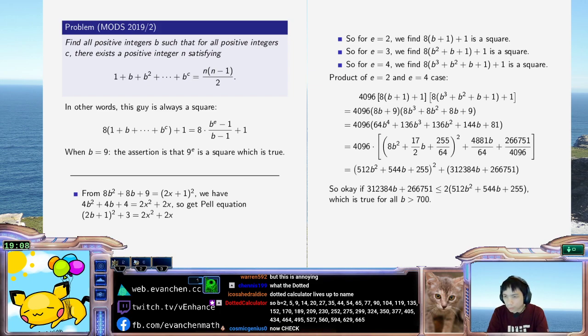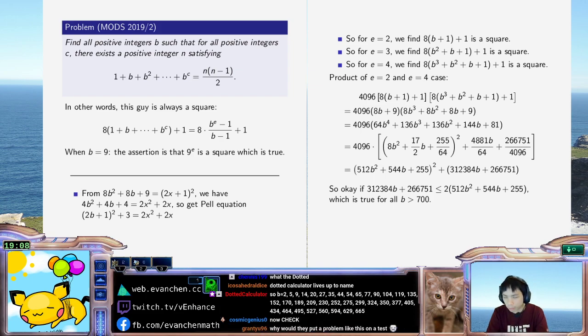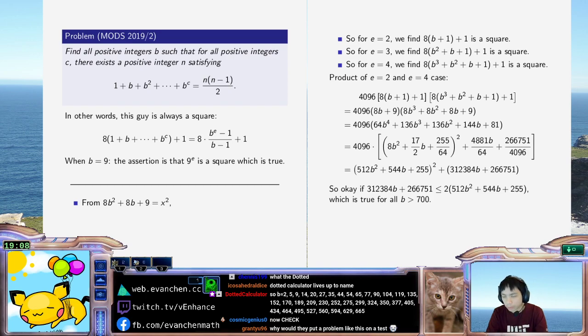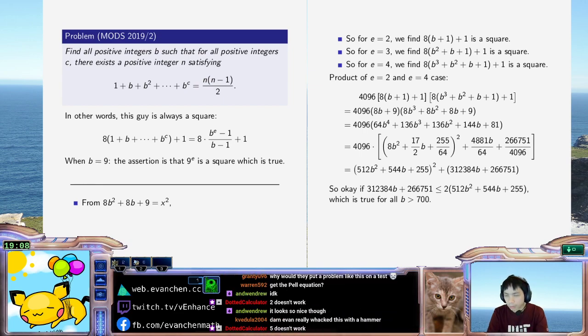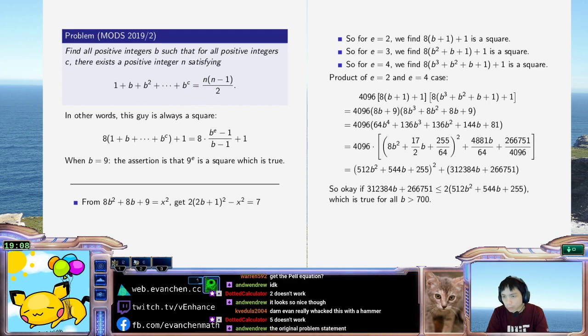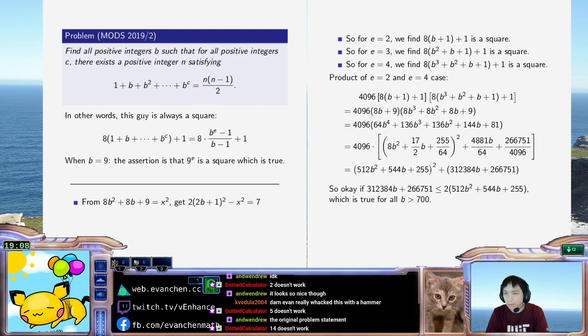Okay. Sorry. Let me try this again. From 8b squared plus 8b plus something equals x squared, if I divide both sides by 2, I get 2b plus 1 all squared, minus x squared equals 7. Actually, I'll write this as x squared minus the other, which was negative 7.